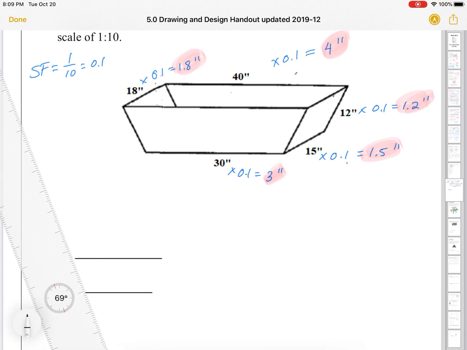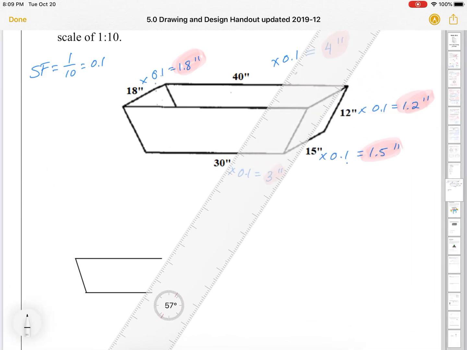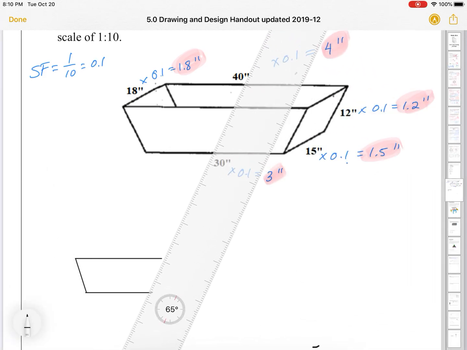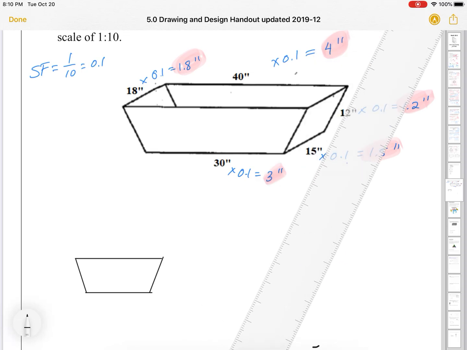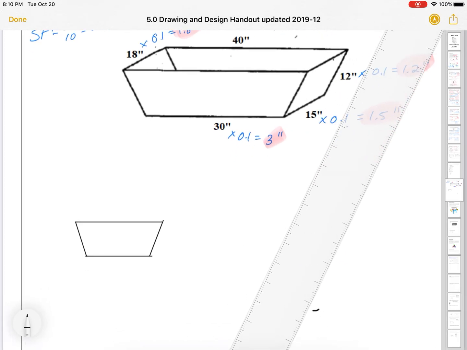And these pieces on the slant are 1.2 inches, and on the slant here, 1.2 inches. I'm going to label it. You'll be able to get this a lot better than me because you're working on paper.